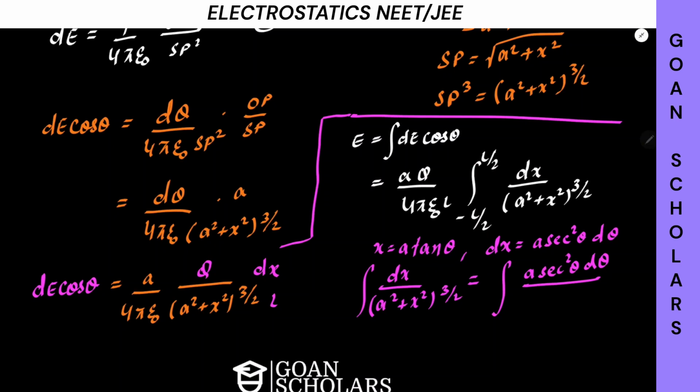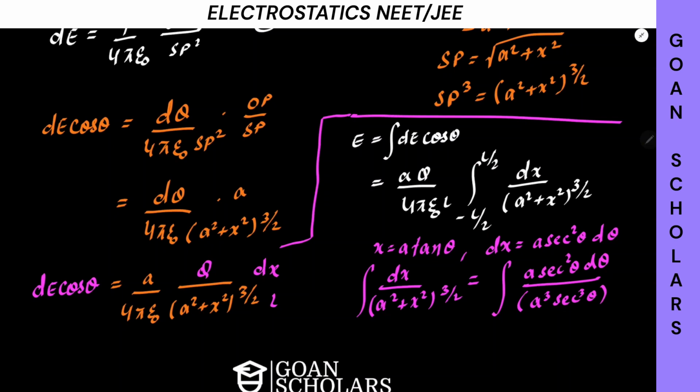We can write it as, what is x? A tan theta. So you will get a square plus a square tan square theta. When you take a square common, you will get 1 plus tan square theta, which is sec square theta. So I am writing here a cube sec cube theta. From where did I get this? Because the power 3 by 2 is there.